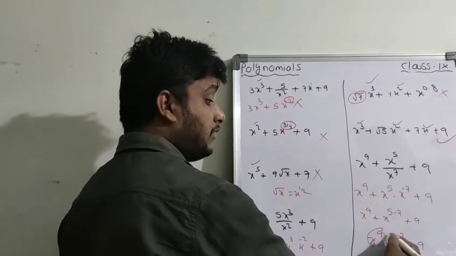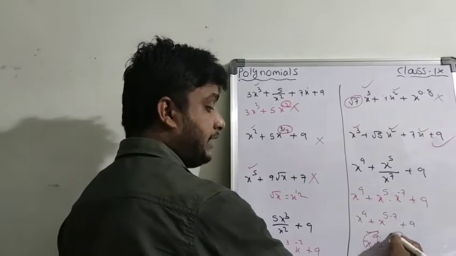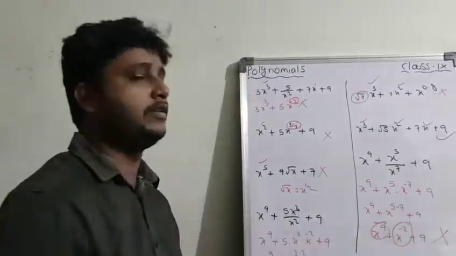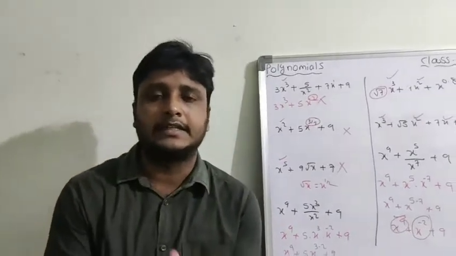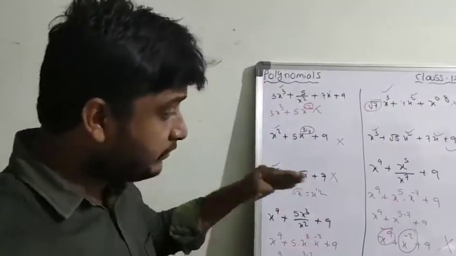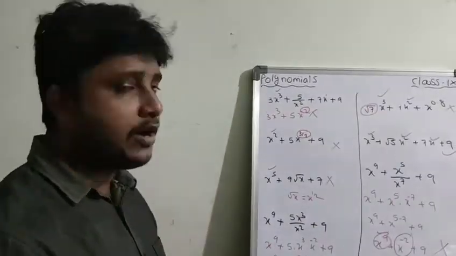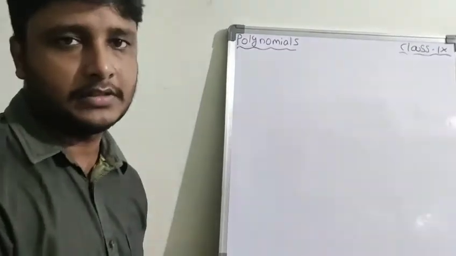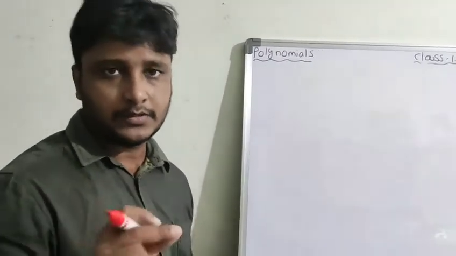But here there is a problem. The power is minus 2, so this is not a polynomial. So first you have to solve it, then verify that the power is a non-negative integer, then it is a polynomial.